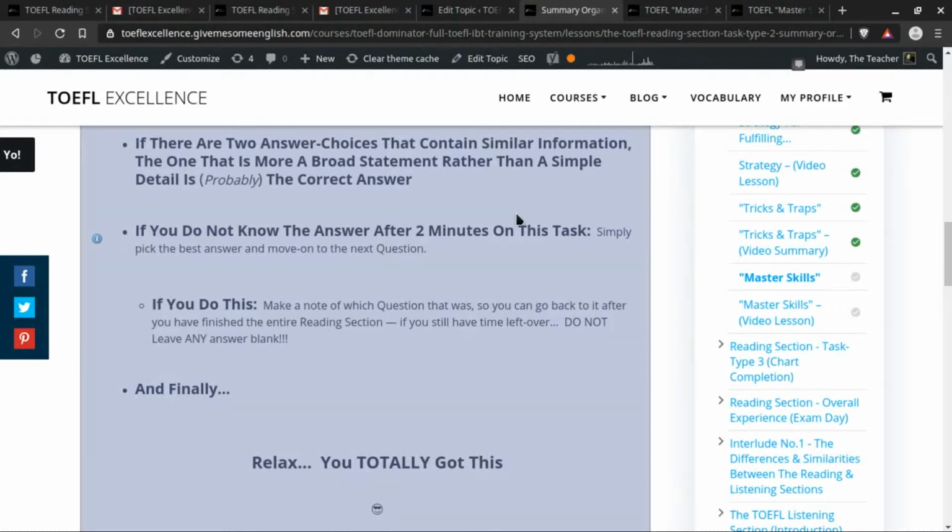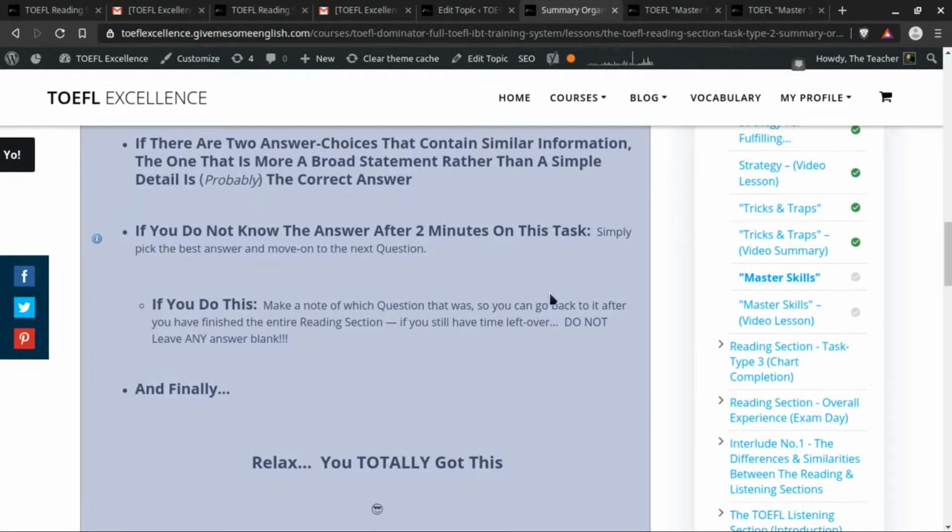But then they talked a little bit more about his golden phase. Those two statements had similar information that talked about the same time period, but the second one was more broad because it was talking about a whole time period rather than just one single detail. So that's one of the master skills. If you're left with two answer choices that contain similar information, the one that's more of a broad statement rather than a simple detail is the one that's going to be the summary statement.